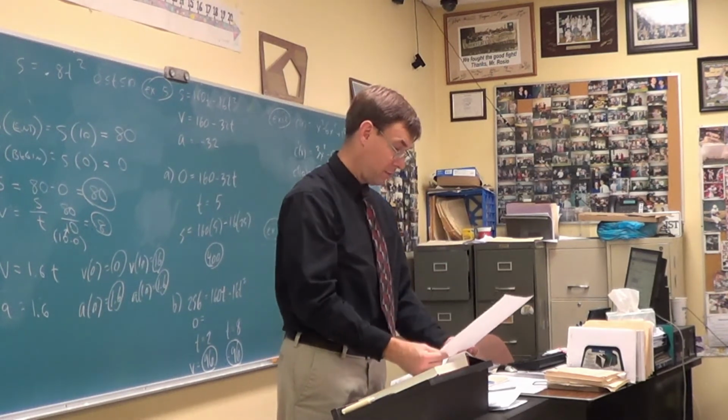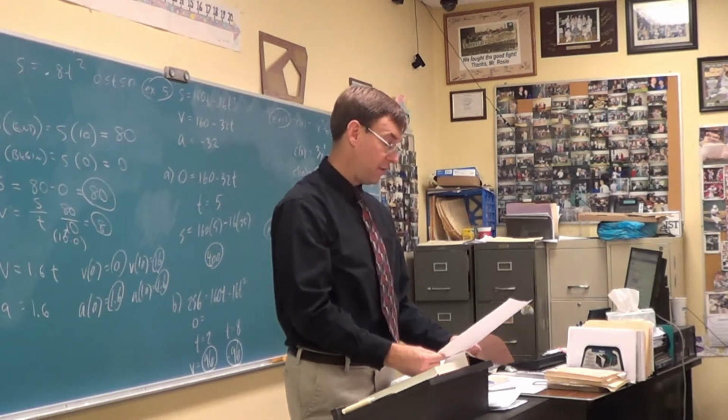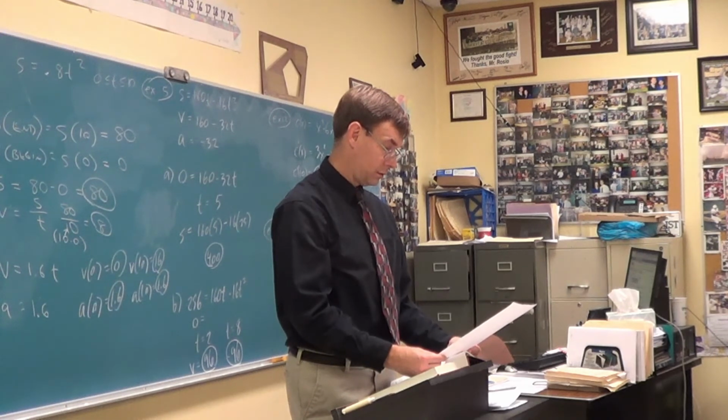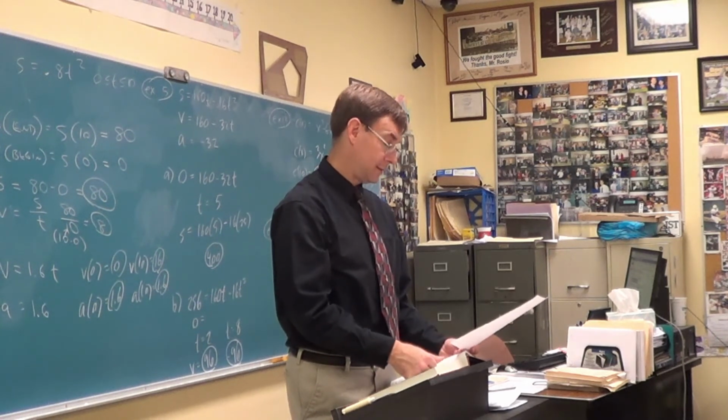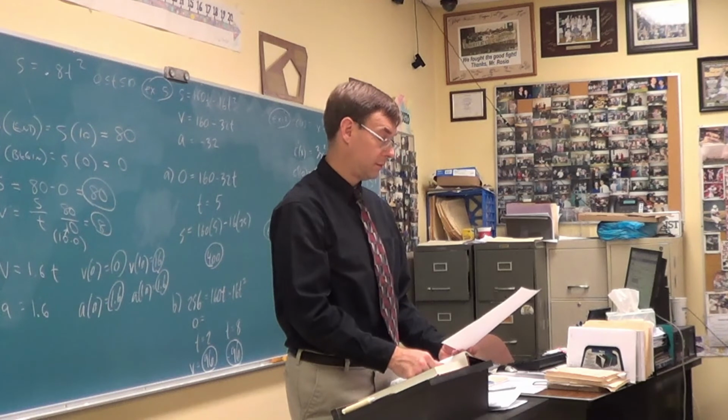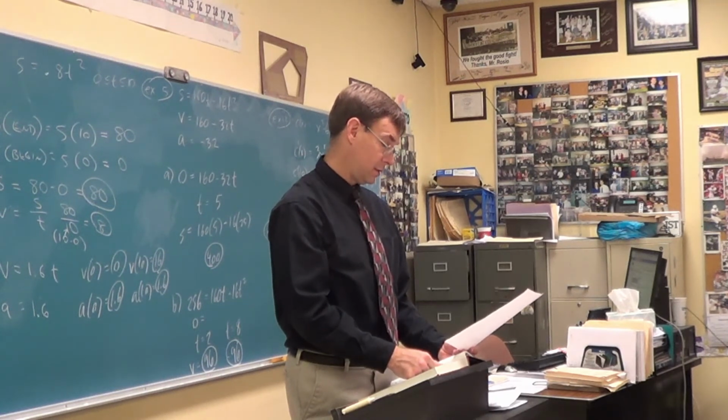Anything downhill is going to be a negative slope. 4 to 5, 0. 5 to 6, negative 20. 6 to 7, big comeback, positive 30. 7 to 8, 0.